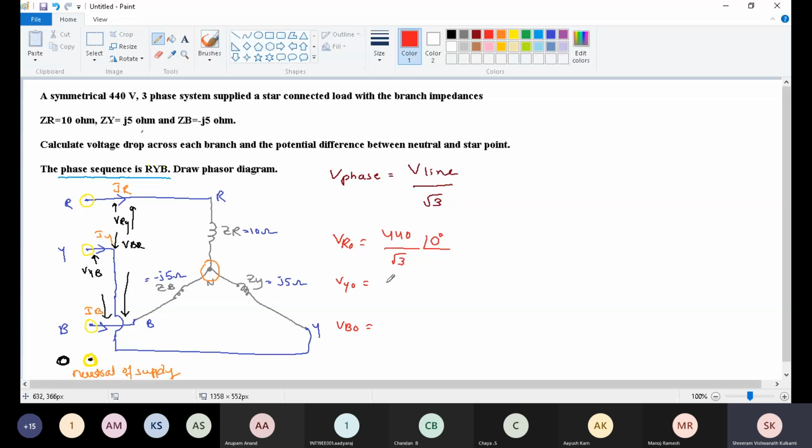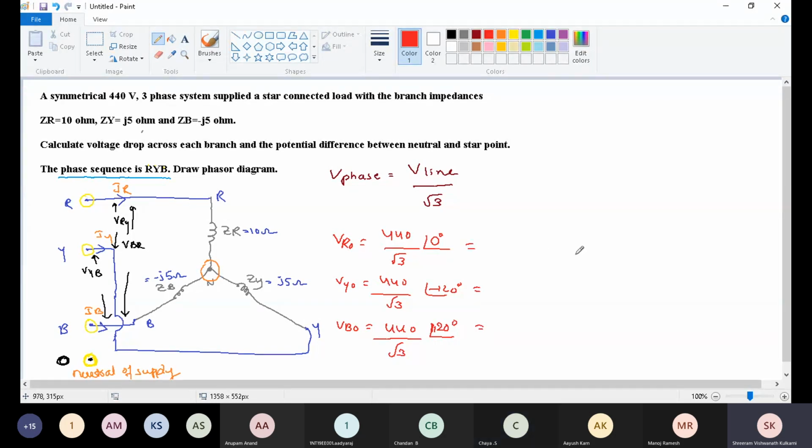Then coming to VY0, how much is this? Here minus 120 degree, 440 by root 3. Here this is minus 240 or plus 120 degree. Calculate and tell me. Use the calculator fast.